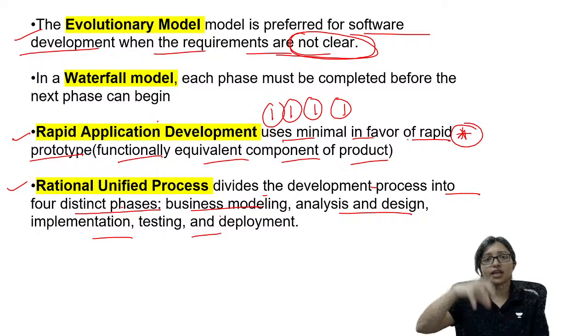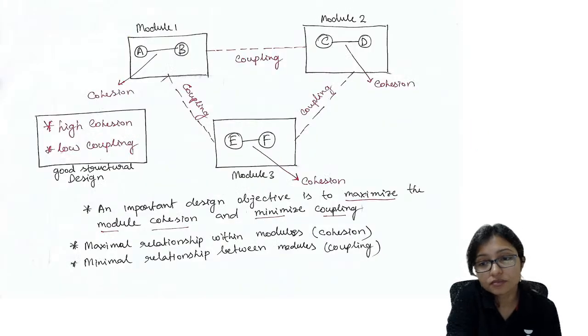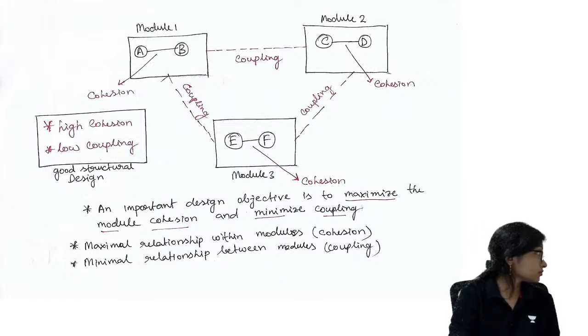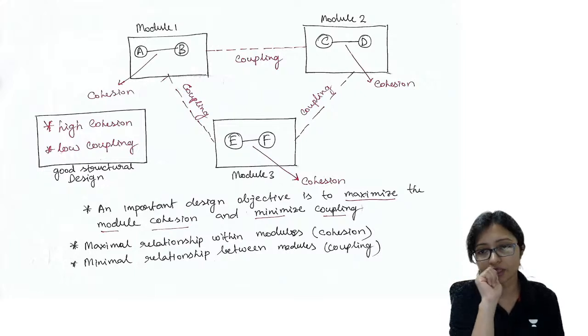So first phase we will do that, next phase we will do it, like that. So these are the main important parts. I hope it is clear to everyone, all the different types of model.